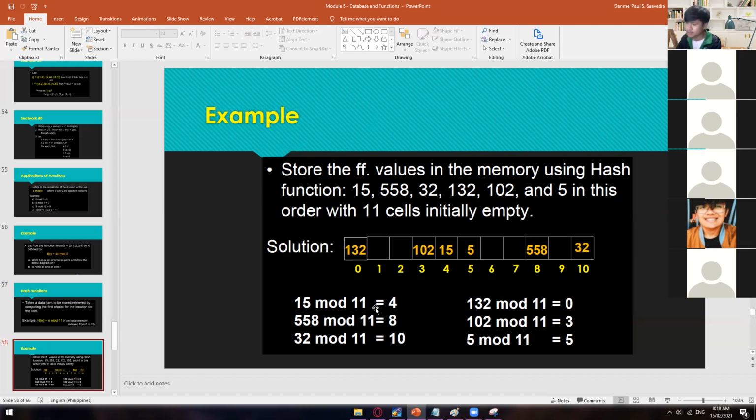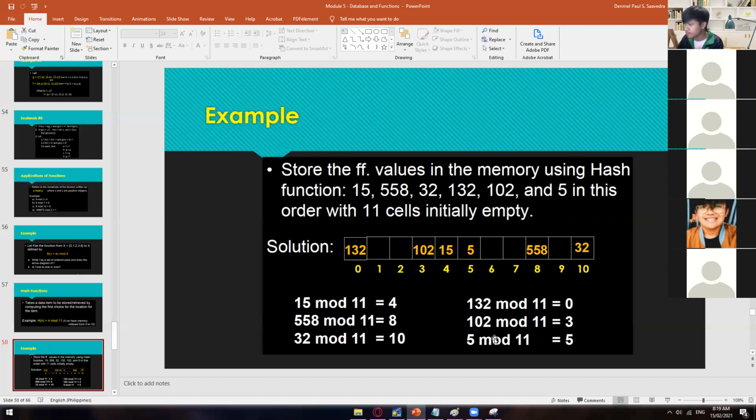15 mod 11 gives a remainder of 4, so just look for that cell and store the 15 there. 558 mod 11 has a remainder of 8, so store it in the 8th cell. 32 mod 11 has a remainder of 10, so put 32 there. 132 mod 11 is 0, so put 132 in cell 0. 102 mod 11 has a remainder of 3, so put it in the 3rd cell.